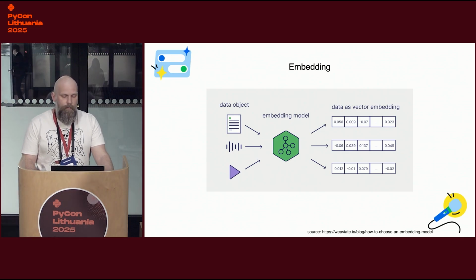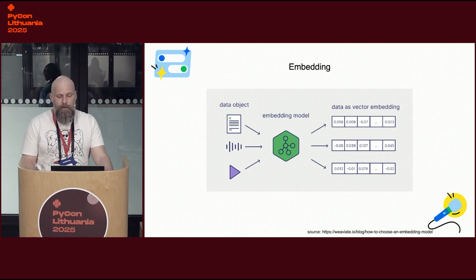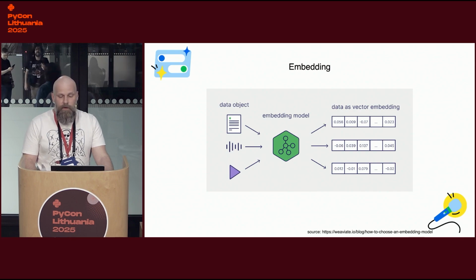The model's job in this case is to produce those embeddings in such a way that similar objects would be mapped to vectors which are also similar or close to each other in some embedding space. So that's why they're called embeddings.